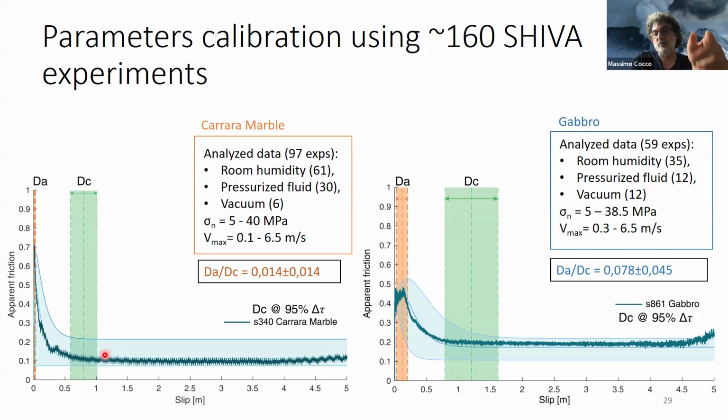But the reason why, to me, dA makes a difference is because in principle, if we assume that the crack tip position is at the peak of the stress, then when you have a dA that is not negligible, the breakdown work might differ from fracture energy.